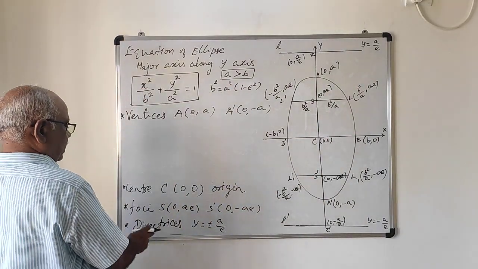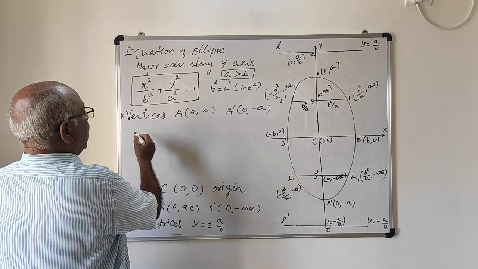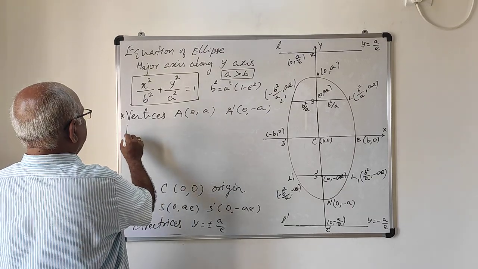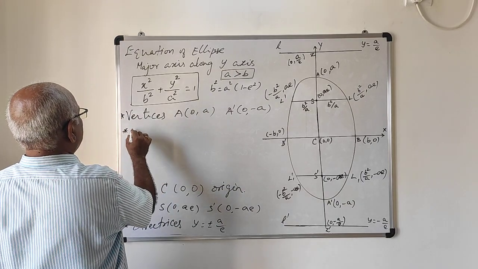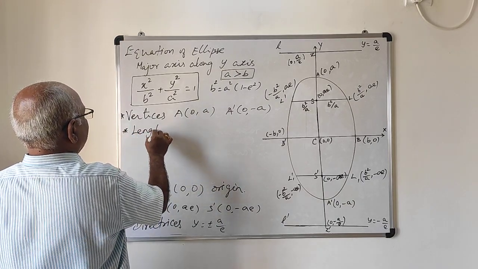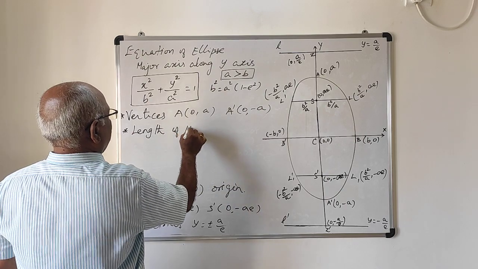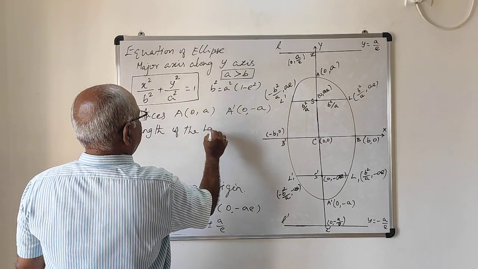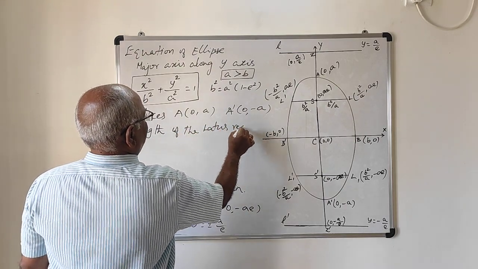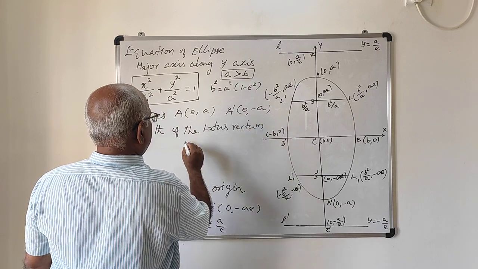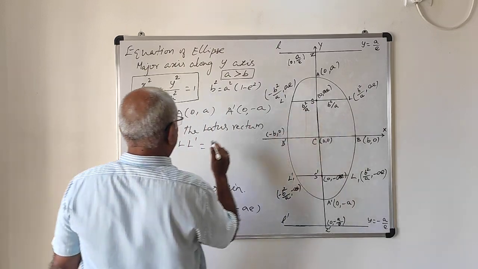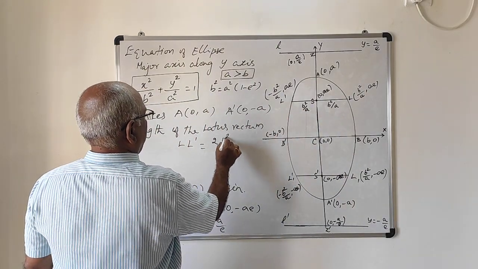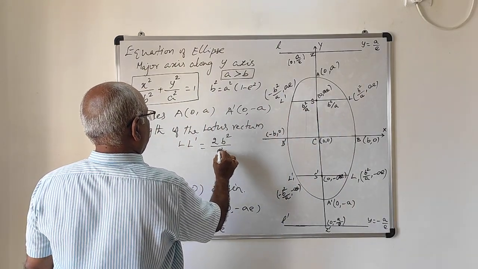Foci, vertices, and the length of the lateral rectum. The length of the lateral rectum LL' is b squared by a plus b squared by a, which gives 2b squared by a.